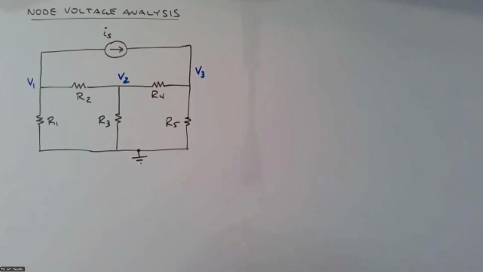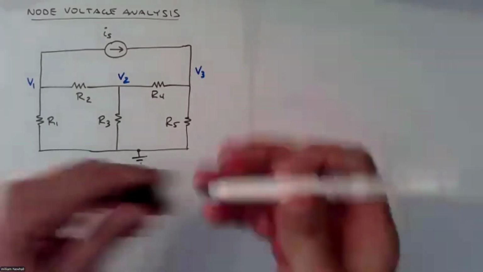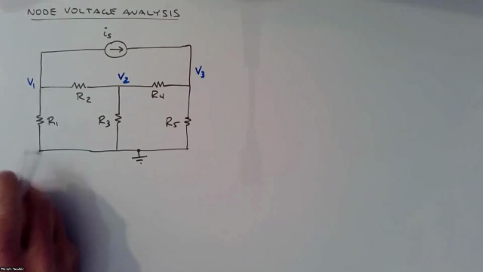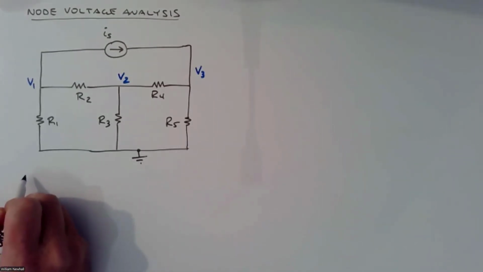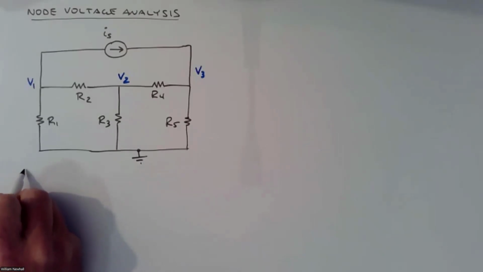Okay, so how do we do that? Well, there's a pretty straightforward way to write down the process of node voltage analysis. You do this. You write KCL at every non-reference node.